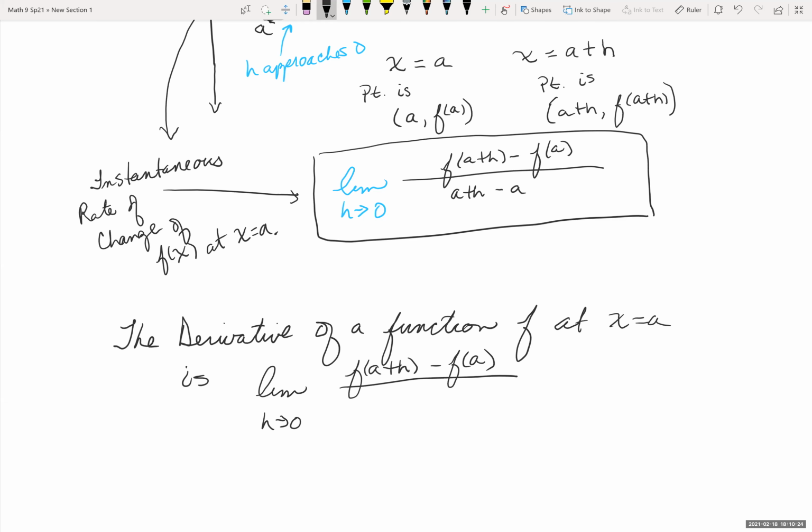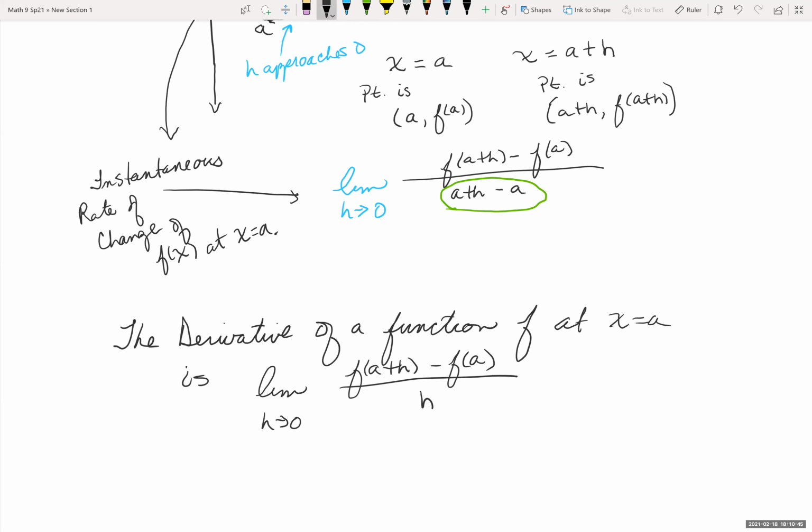And I just noticed up here that I didn't simplify my numerator and my denominator. Notice that a plus h minus a, those a values cancel out. So we can simplify that, and this would just be over h. So it's really equal to the limit as h goes to 0 of f of a plus h minus f of a all over h.